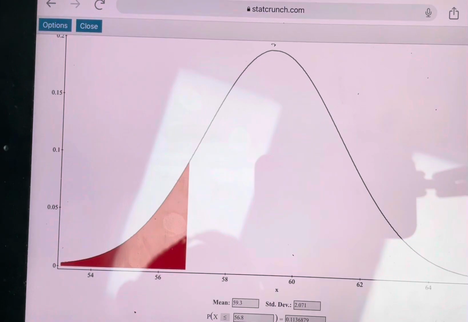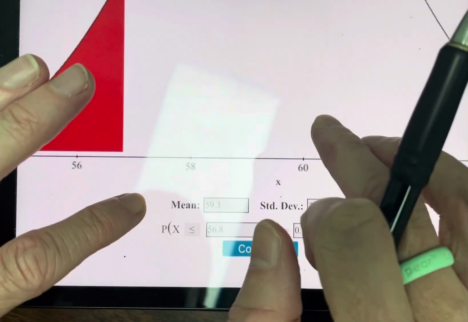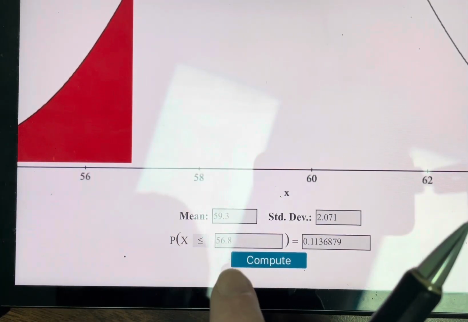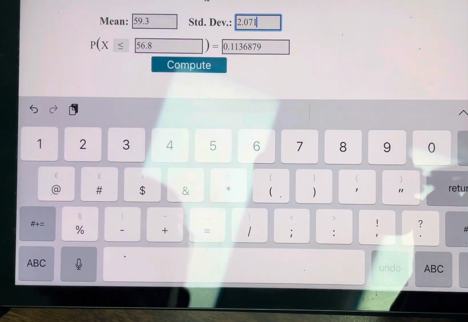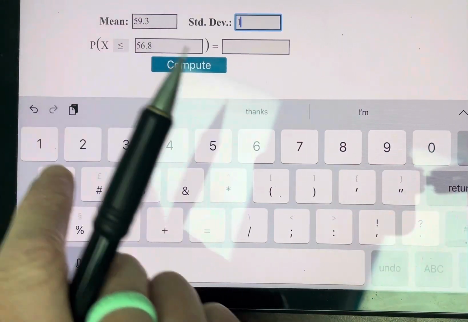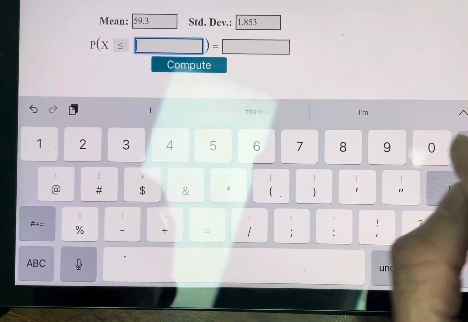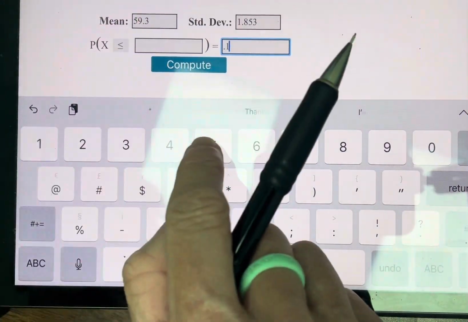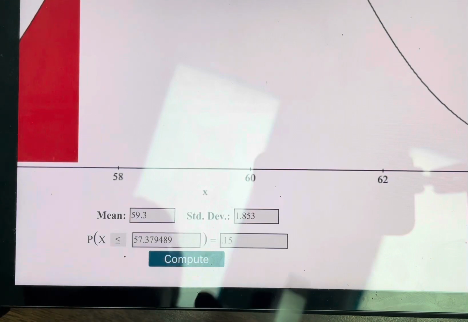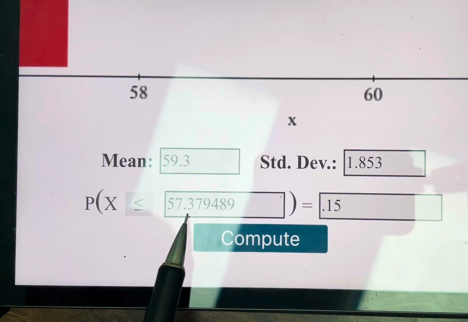Okay, so we can use our normal calculator to do this for us. You can compute either one of these two things. So let's leave our mean, 59.3. We have a new standard deviation because our sample size changed, 1.853. In this case, we don't know what we're looking for, but we do know the probability. So we can put in 0.15, and we can now press compute, and we get 57.4 seconds right there.